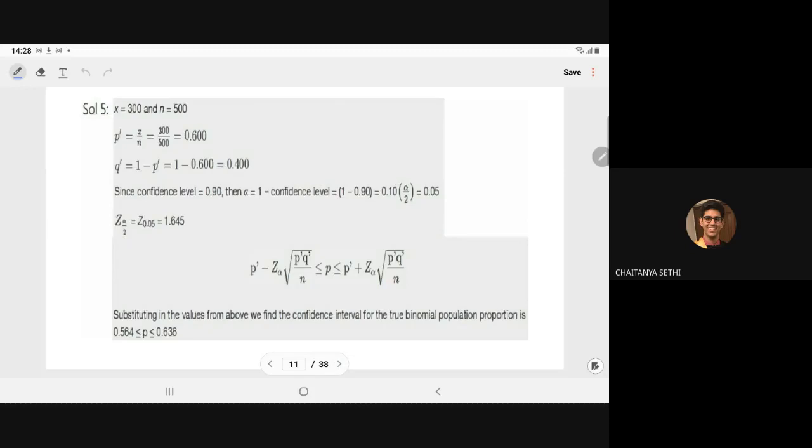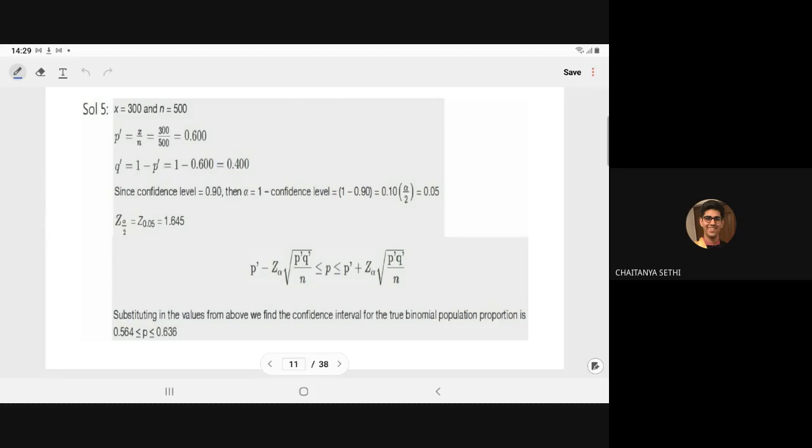So this is a question of proportion. X, the number of overdues, is given as 300 out of the 500 sampled accounts. So the proportion P dash is X upon N, that is 0.6. Q dash is 1 minus P dash, that is 1 minus 0.6, which is 0.4.